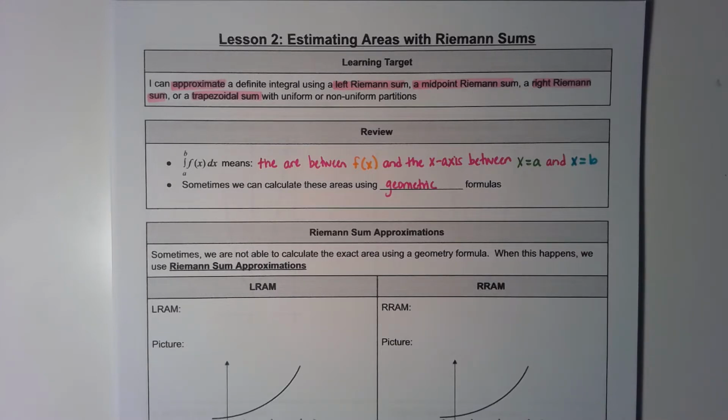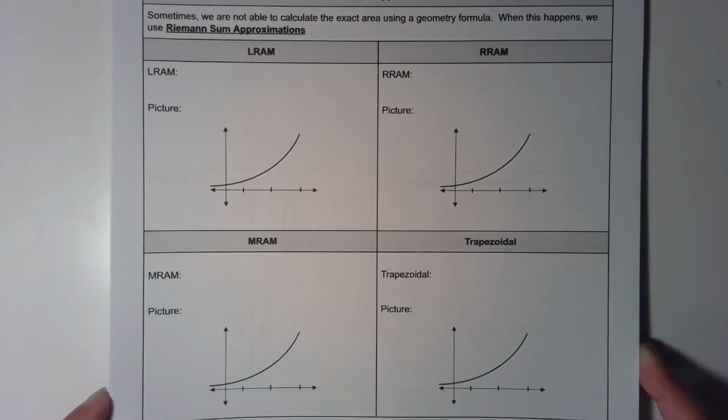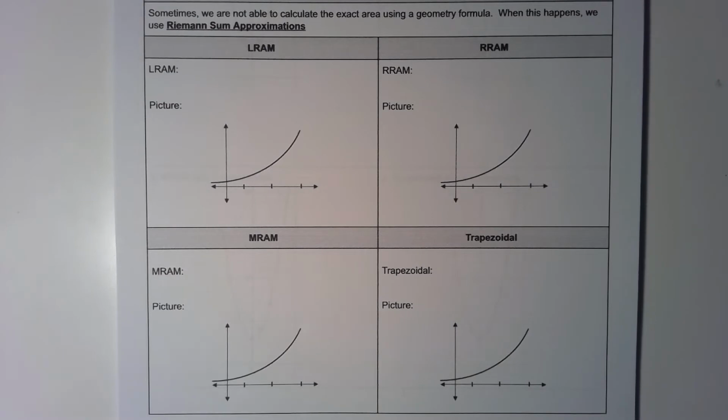What we're going to learn today is that sometimes we are not able to calculate the exact area using a geometry formula. The reason might be that it's a non-geometric shape, not a shape like a rectangle or a square or a trapezoid where we could use geometry. When this happens, we use something called Riemann sum approximations.